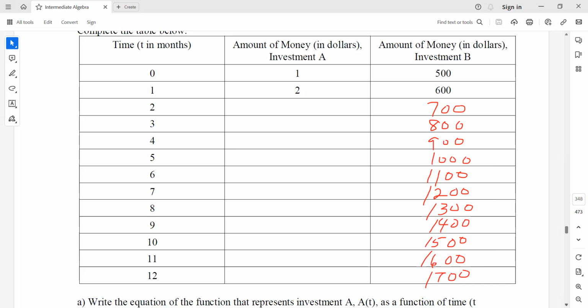Now, what about investment A? It's doubling every month. So all I'm doing is multiply by 2 every time.